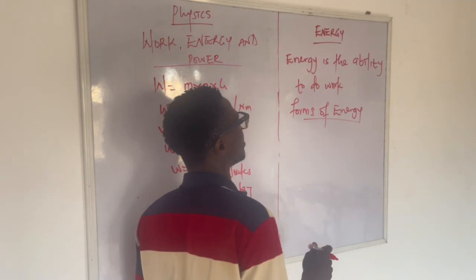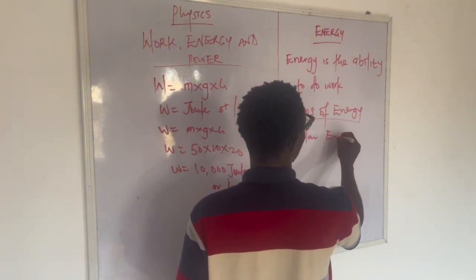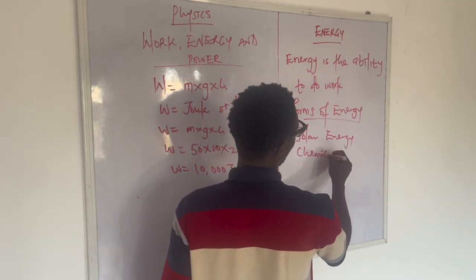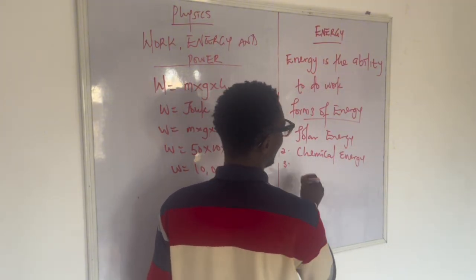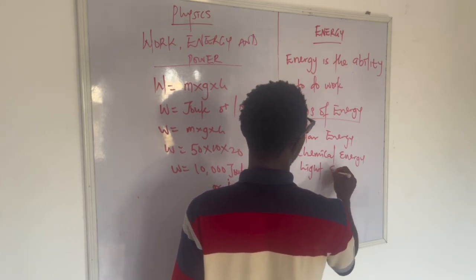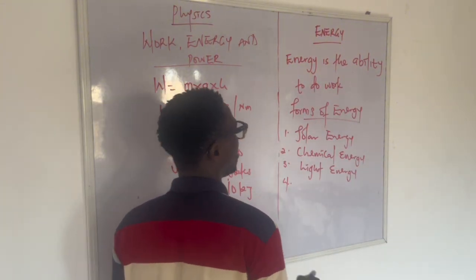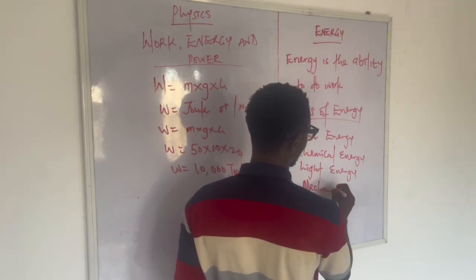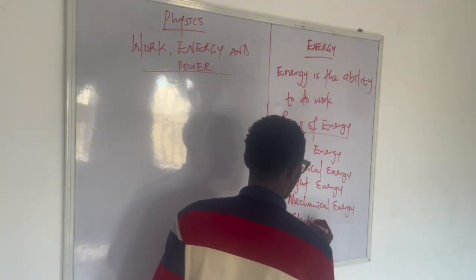So we have solar energy, which is energy derived from the sun. Two, chemical energy. Three, light energy. Four, mechanical energy. Five, electrical energy.